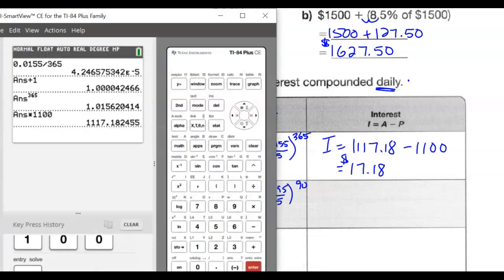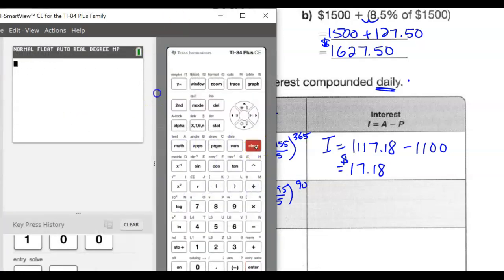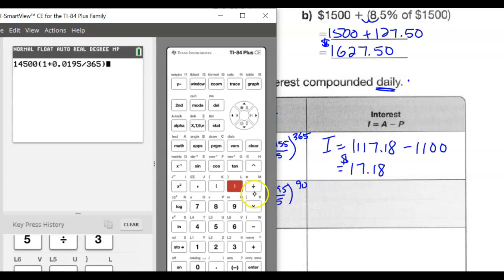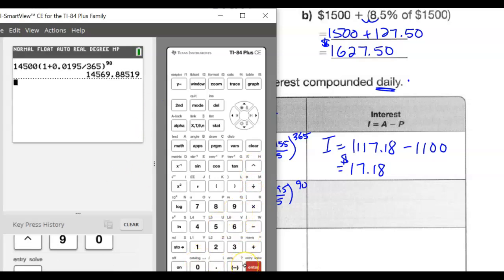I'll show you in my calculator with a graphing calculator how you can do it in one step. So 14,500 bracket 1 plus, and then 0.0195 divided by 365. Just divides that percent. Then close the brackets for sure. Exponent just 90 days.